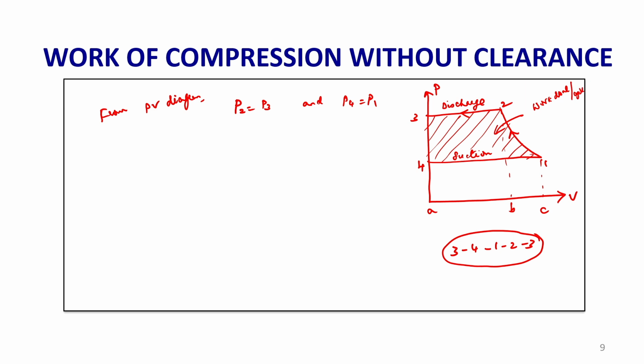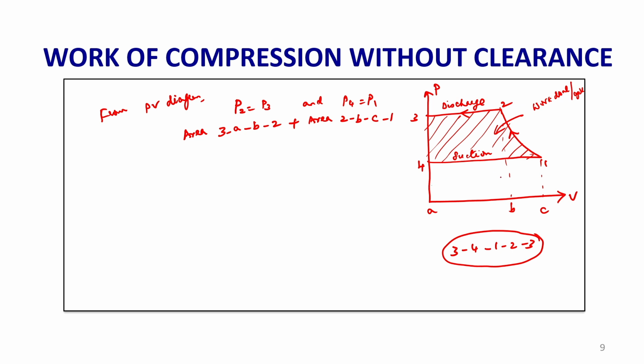Further, what I am doing is this area plus this area. So, this is the area 3 to A to B, B to 2, plus the area under the curve 2 to B, B to C, C to 1.